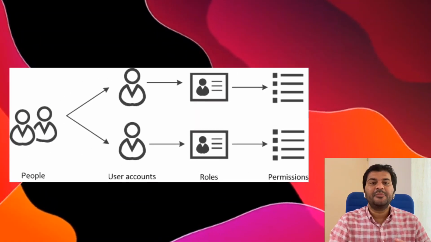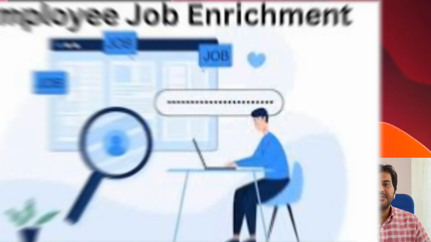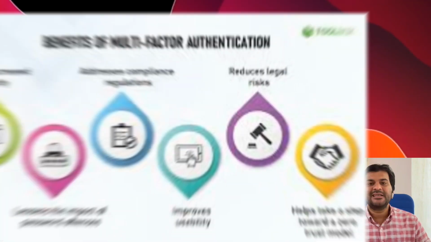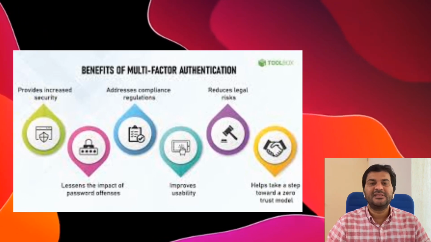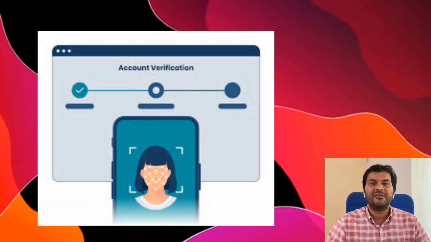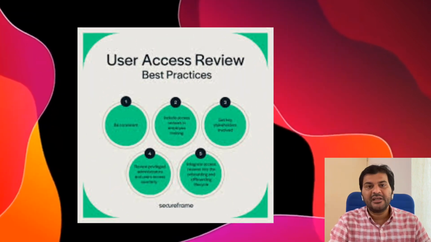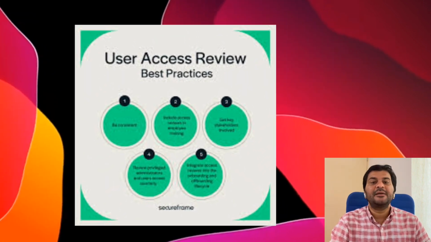By this, we mean that a user will only get the minimum level of access necessary to perform their job. Teams utilize authentication mechanisms such as multi-factor authentication to verify user identities. They regularly review the access rights and adjust them as and when needed.